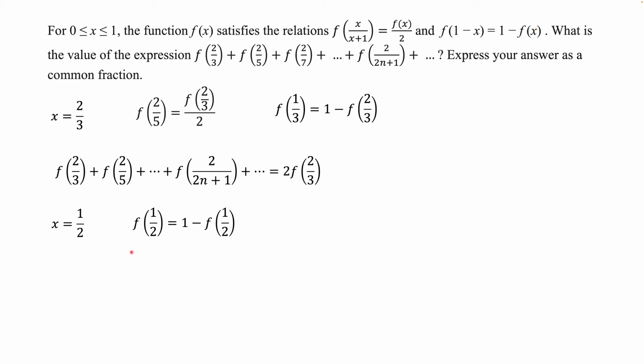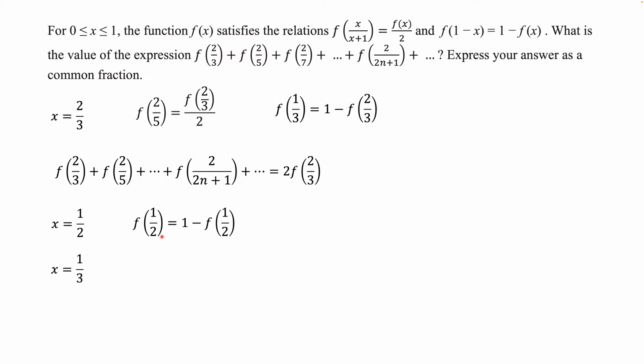So we got f of 1/2 as a function of f of 1/2, and we can solve this equation. It's easy to see that f of 1/2 has to be 1/2 actually. All right, so I am in a better position now. At least I know the value of this function at one point.